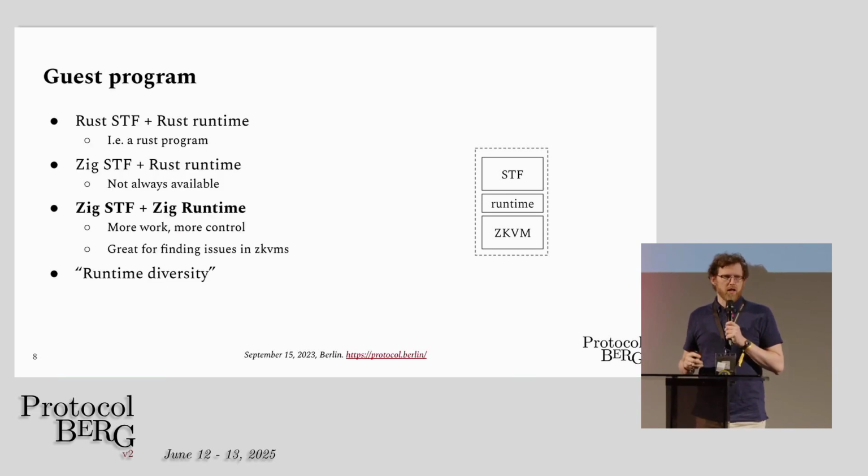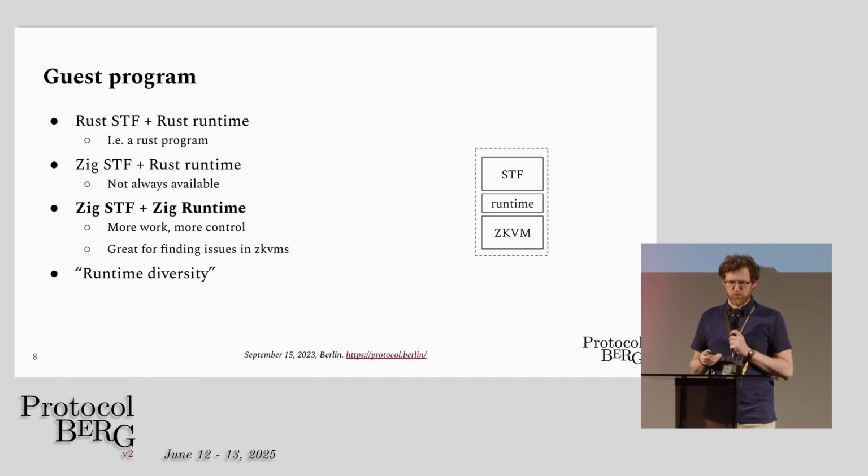So okay, currently, or at least the way I did it, I had 3 options: either stick with Rust for the runtime and the STF. This is basically what every zkVM provides you as their starter toolkit, as their SDK. You can also try to do the STF in Zig and somehow get the Rust runtime compiled as a library and link against it.